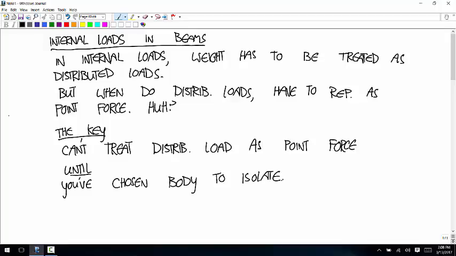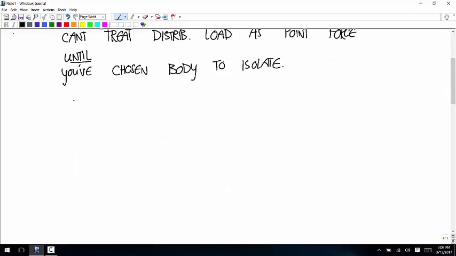Okay, so I'm going to do an example with weight.